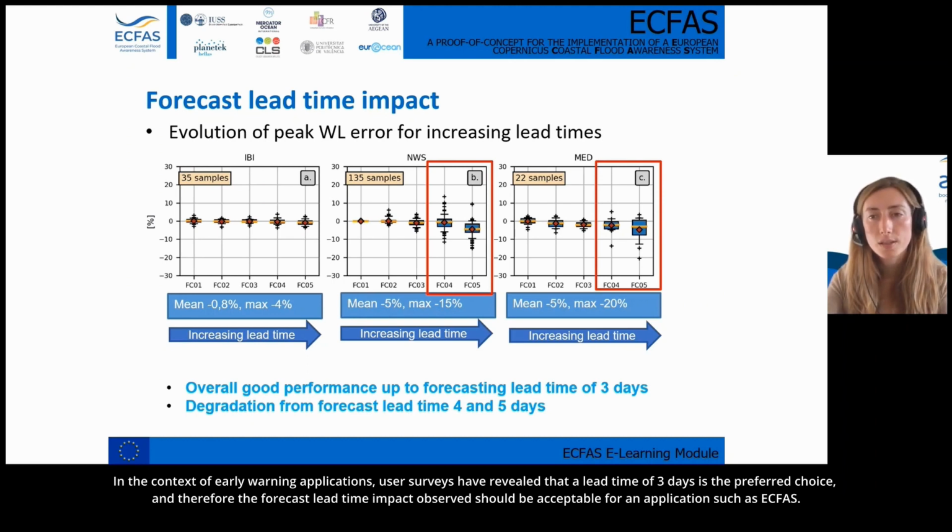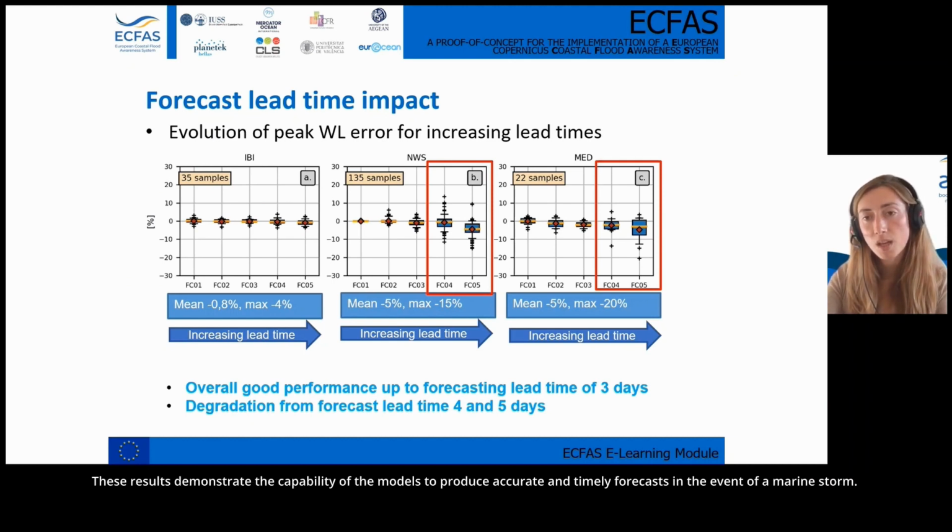And therefore, the forecast lead time impact observed here should be acceptable for an application such as ECFAS. Now, these results demonstrate the capability of the models to produce not only accurate, but also timely forecasts in the event of a marine storm.